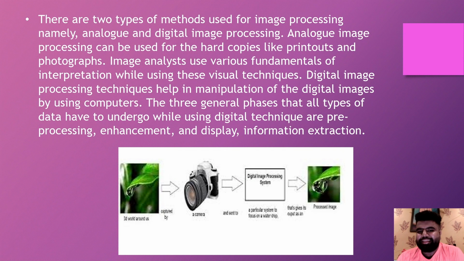There are three general phases that all types of data have to undergo while using digital techniques: pre-processing, enhancement and display, and information extraction. As you can see in the image, the image of a leaf is taken by the camera and digitally processed, and we get an image which is useful for us.